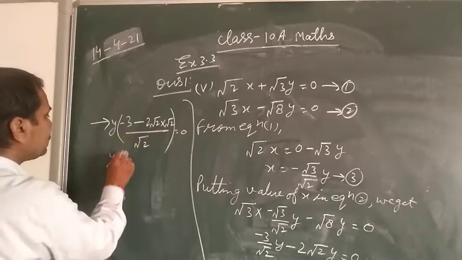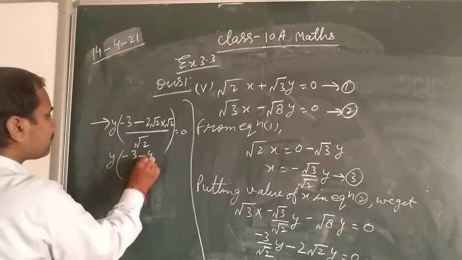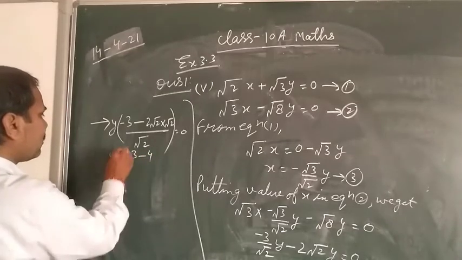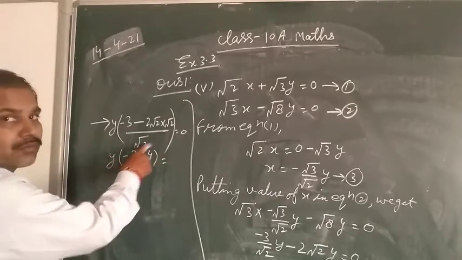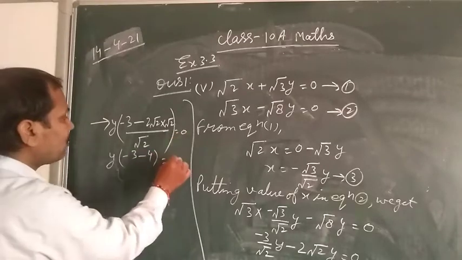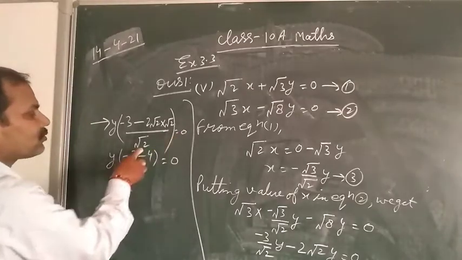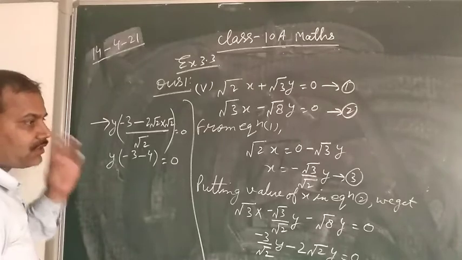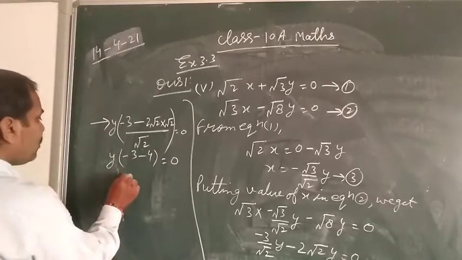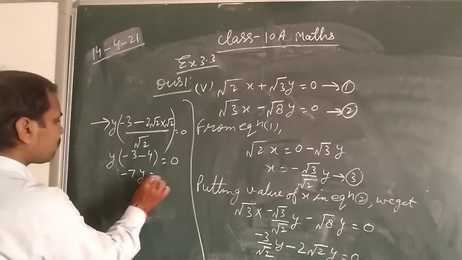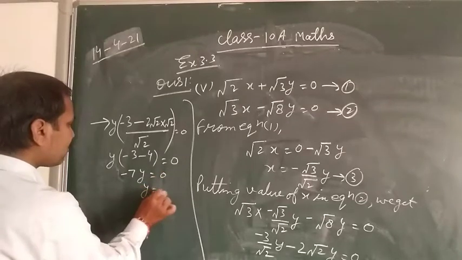So minus 3 minus 4. And by root 2 multiplied in 0. So 0 into any number is 0. So minus 7y equal to 0. So y equal to 0.